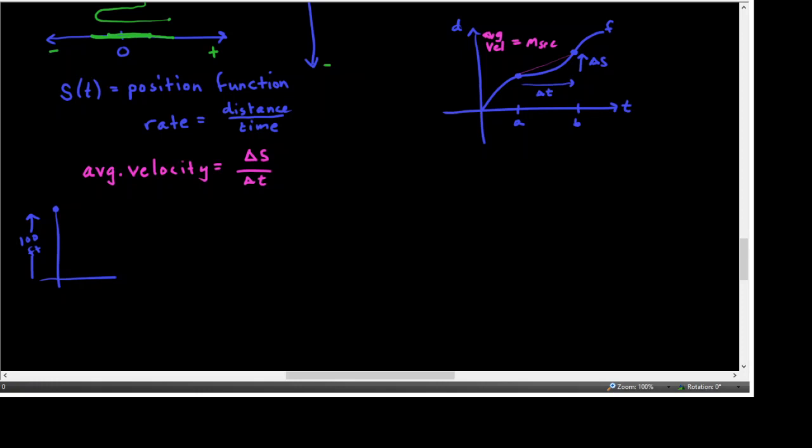The ball's height s at time t is the position function, s equals negative 16t squared plus 100. That's our position function, where s is measured in feet, and t is measured in seconds.